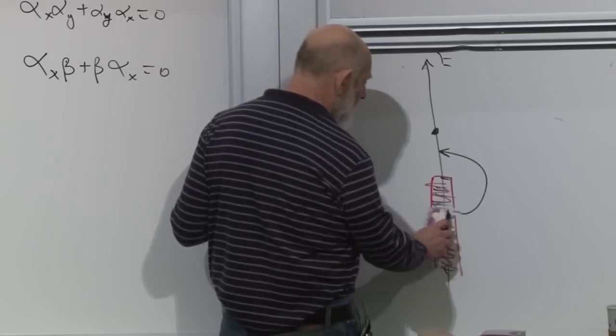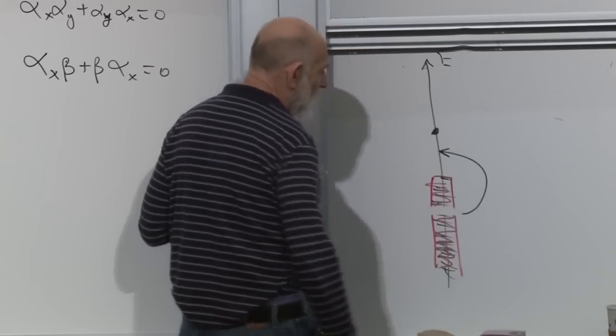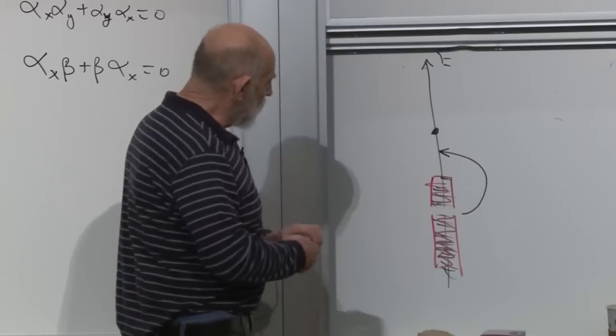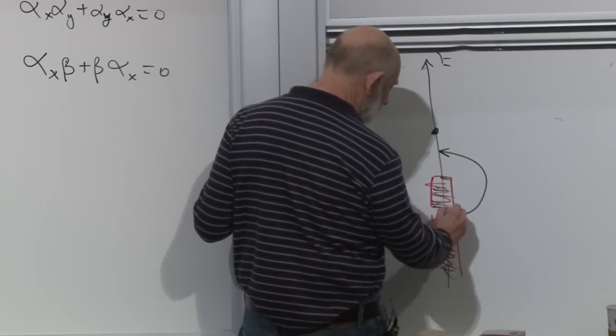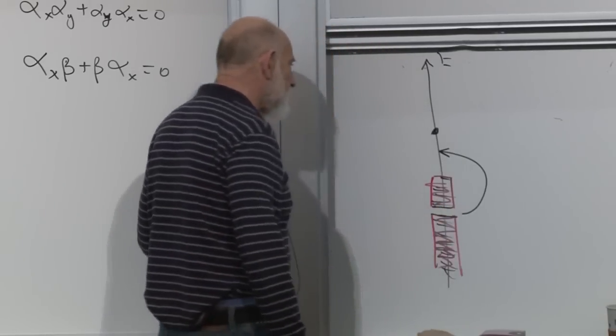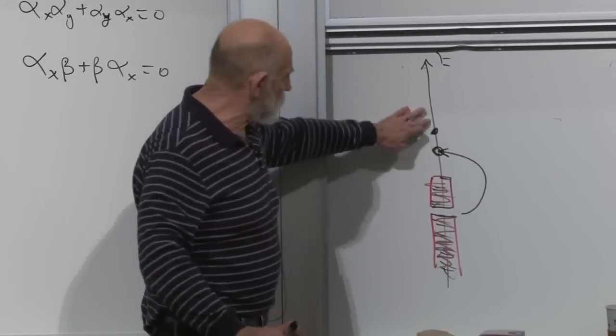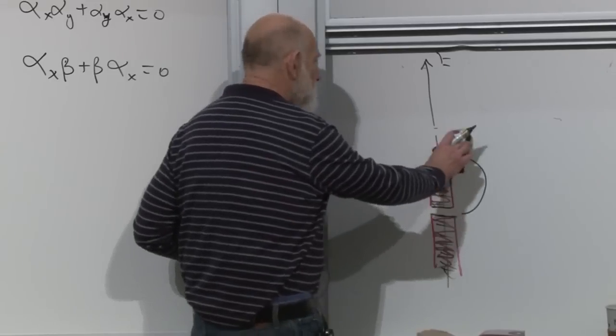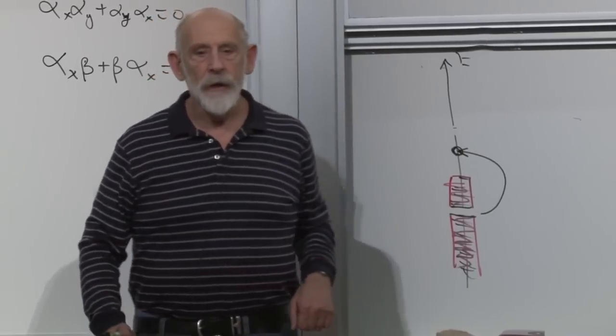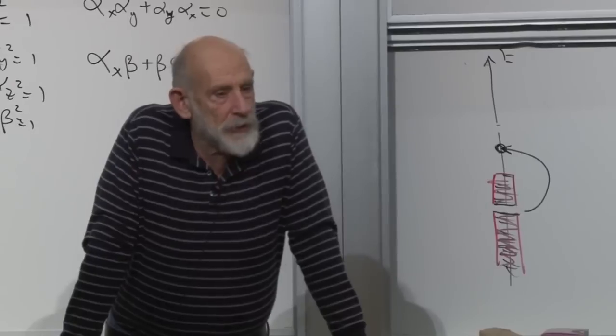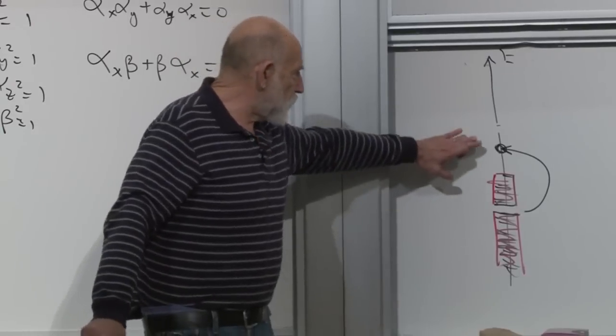Remove it, and you have a hole. You have a missing negative energy electron, but you have an extra positive energy electron. You've made a hole in the negative energy sea and created an extra positive energy electron.